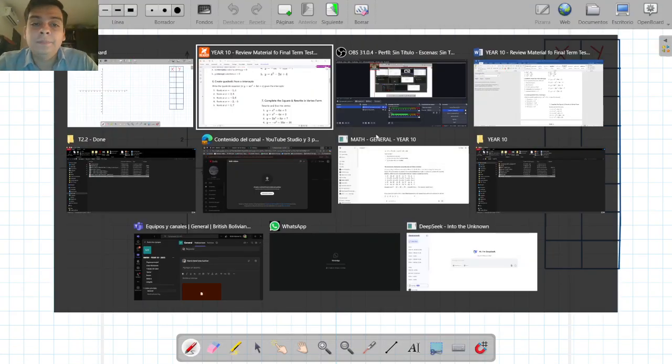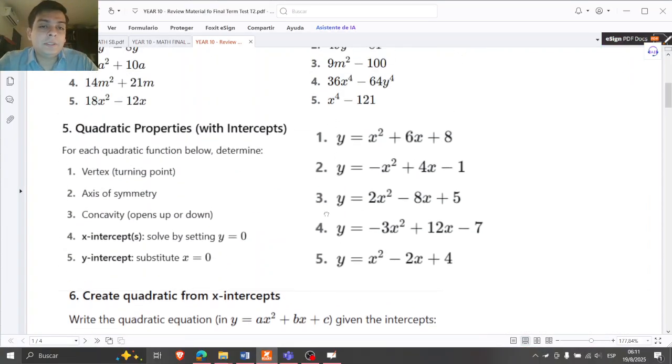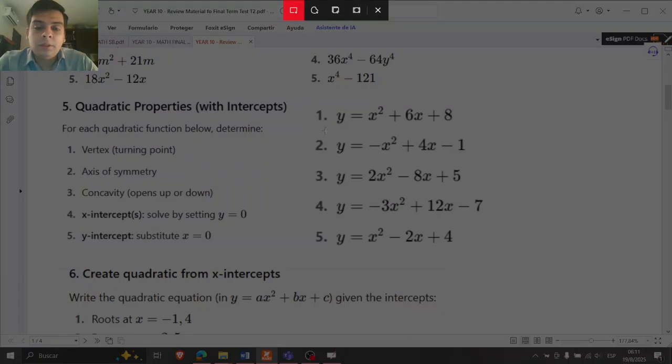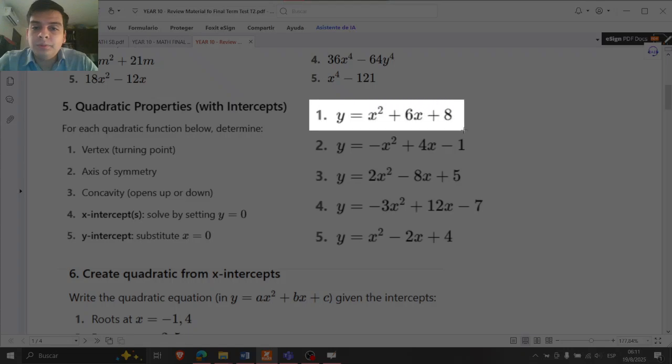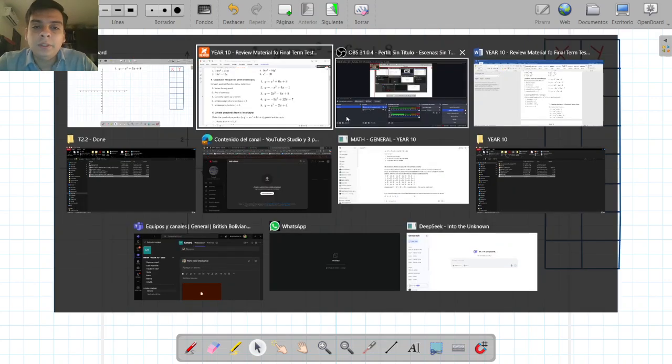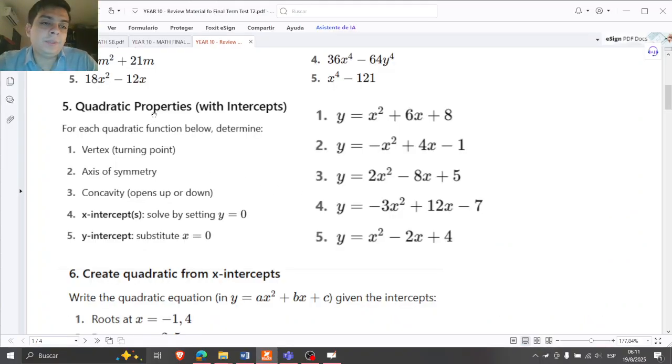So to start, let's take one exercise from number 5. I will choose this one, and let's read what it says. We have to find the vertex, the axis of symmetry, concavity, the x- and the y-intercept.